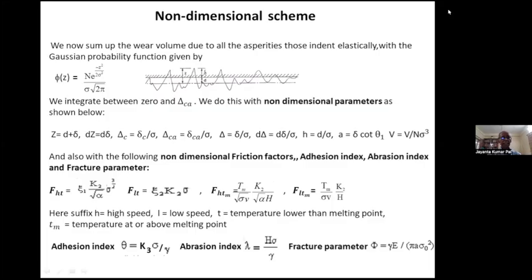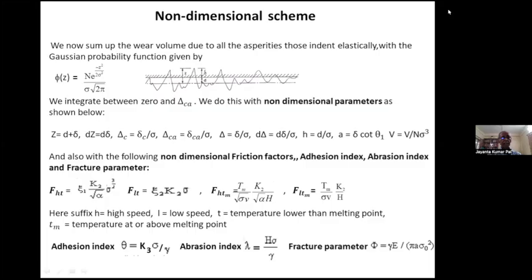Now here, H represents high speed. That means where Peclet number is larger than 5. And T, small t, represents contact temperature less than the melting point.